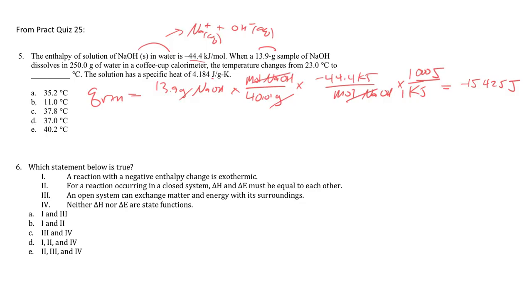So I have about a third of a mole of sodium hydroxide, and about a third of that minus 44.4 kJs of heat to release into the water or absorb into the water. Is this going to release heat when it dissolves in water? Yeah, this is going to release that heat. So this is the amount of heat that's going to be released. The temperature of the water, which is the surroundings, of course, should increase because we have that exothermic reaction taking place.